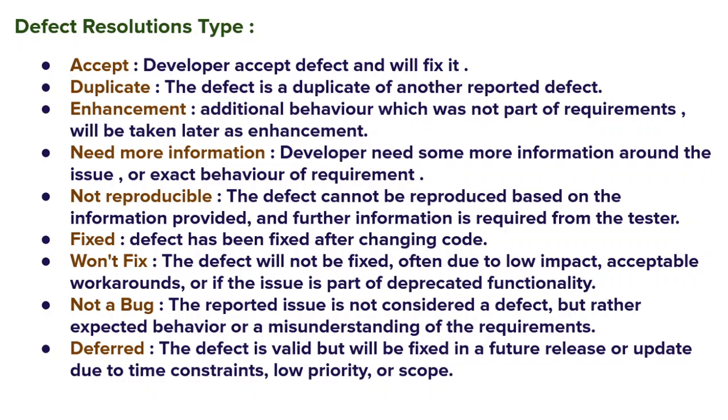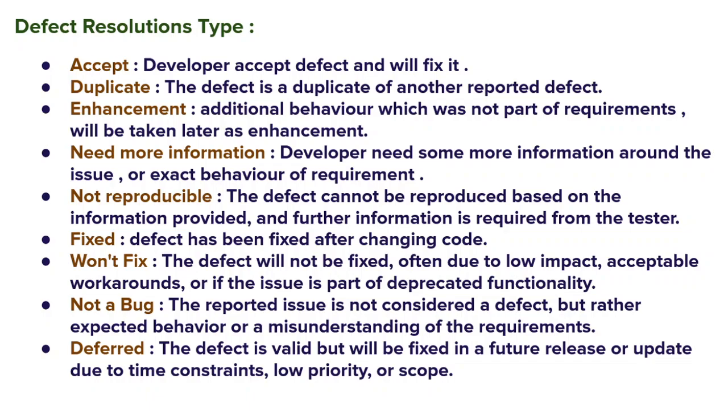Duplicate type. There can be a duplicate resolution also which the developer can add to the issue. If the defect which is logged by QA was already reported earlier, a similar issue might have been reported by the same tester or by another tester. During a project, there can be multiple testers working.